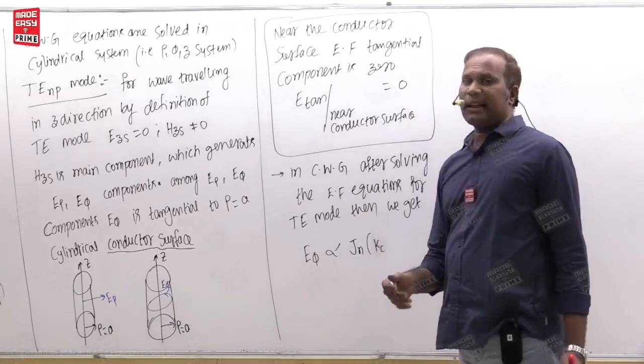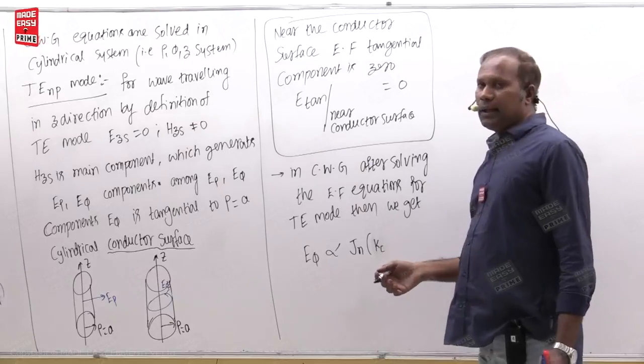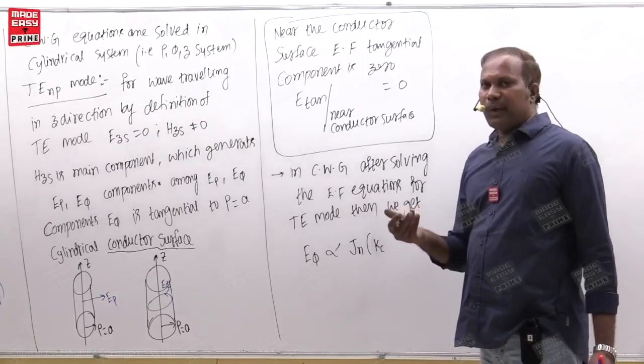What is kc, student? Beta c. What is beta c? Cutoff phase shift constant.